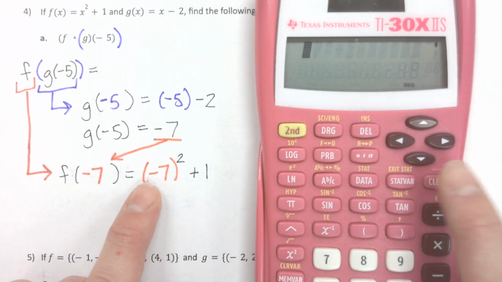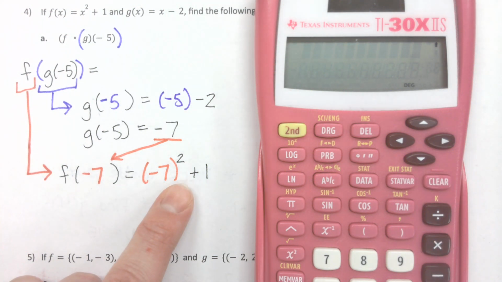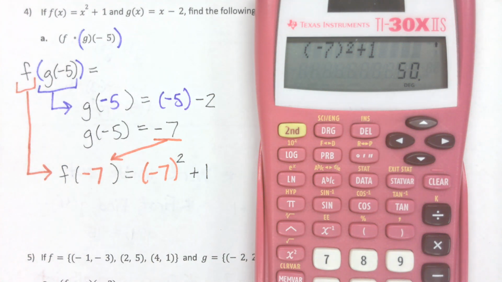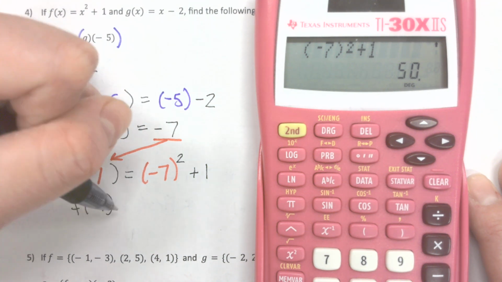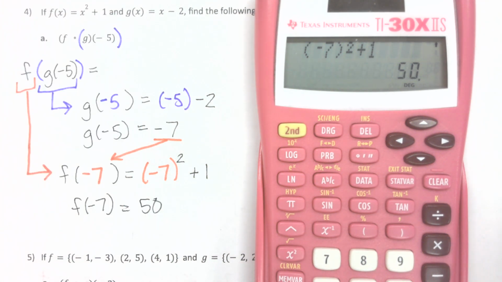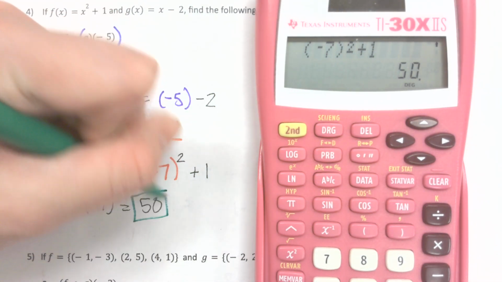This is why I always say, if you write it down, you need to type it in. Negative 7 squared plus 1. Now I get the correct answer of 50. That's very different from negative 48. F of negative 7 equals 50. That was the outside function, so this is my final answer.